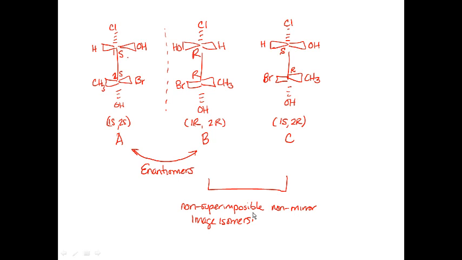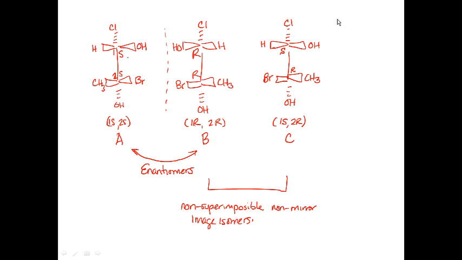And so now what we need is a new stereochemical term to talk about molecules that have more than one chiral center and are non-superimposable, non-mirror image isomers. Because so far we've just been dealing with molecules with a single chiral center, and a molecule with a single chiral center is either R or S, so by definition they have to be either the same or mirror images. But here's a new relationship.